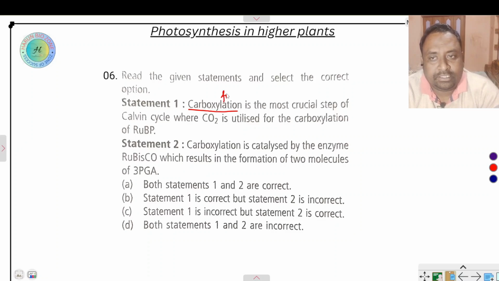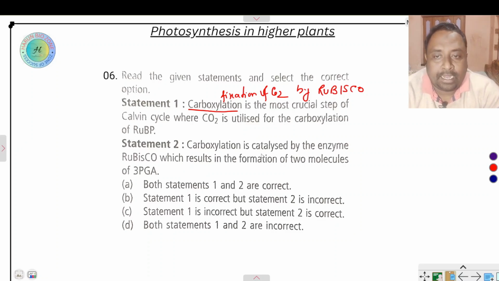It is the most crucial step of the Calvin cycle, where CO2 is utilized for the carboxylation of RuBP by the Rubisco enzyme.